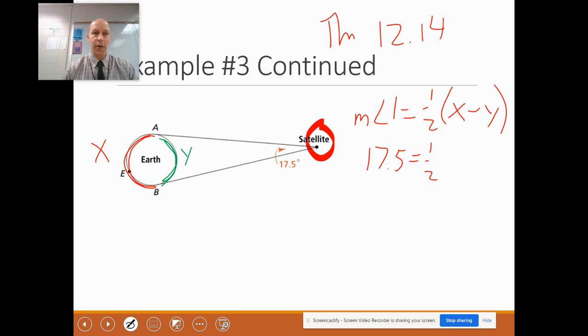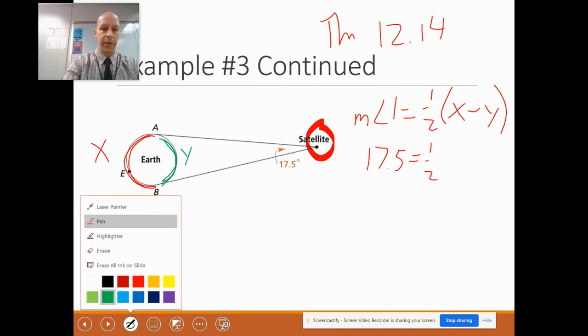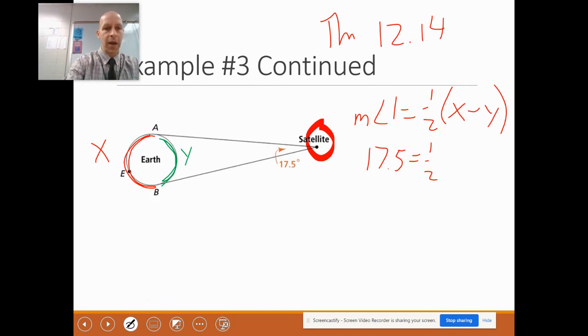But there's another restriction that we have to keep in mind, and that restriction is as follows. Follow me on this one carefully. We know that x plus y makes a full circle, so they have to add up to 360 degrees. This is the key idea on this problem.